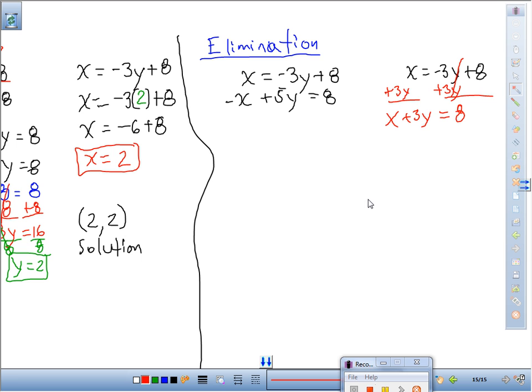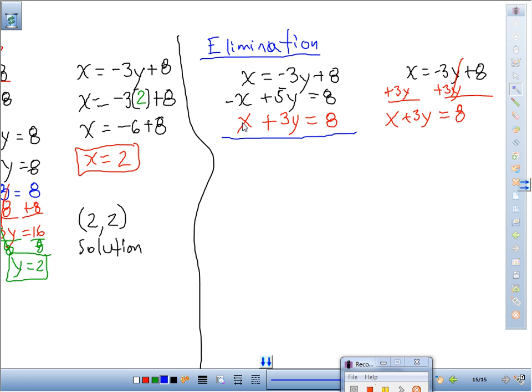So step 1, we changed to standard form. Step 2, eliminate. That means I need to stack this one and this one. So this is x plus 3y equals 8, and now we can eliminate one of the variables.